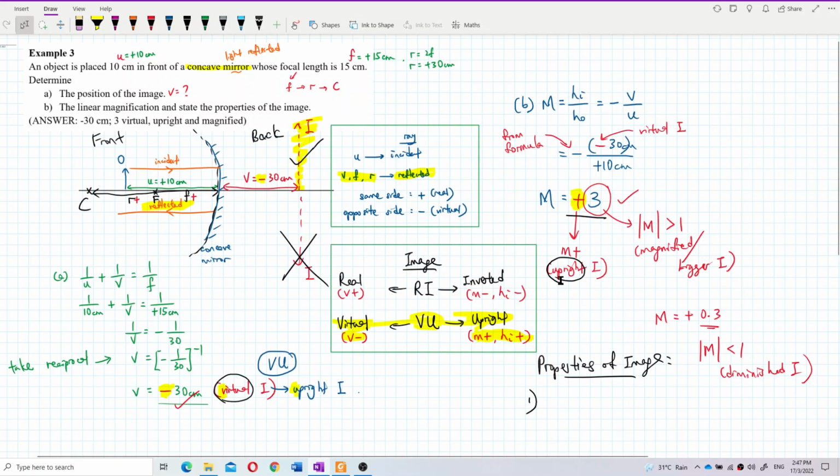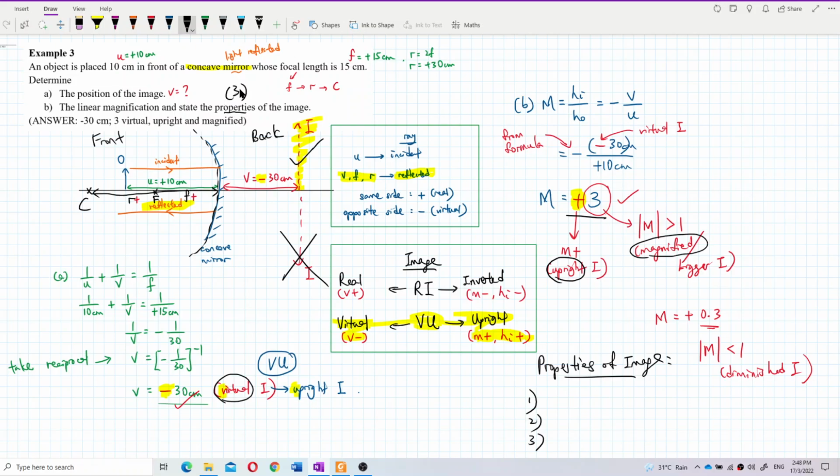And M, the value is more than 1, so it's a magnified, bigger image. So these are three characteristics. If you are asked to find properties, you must give at least 3, not just 2.